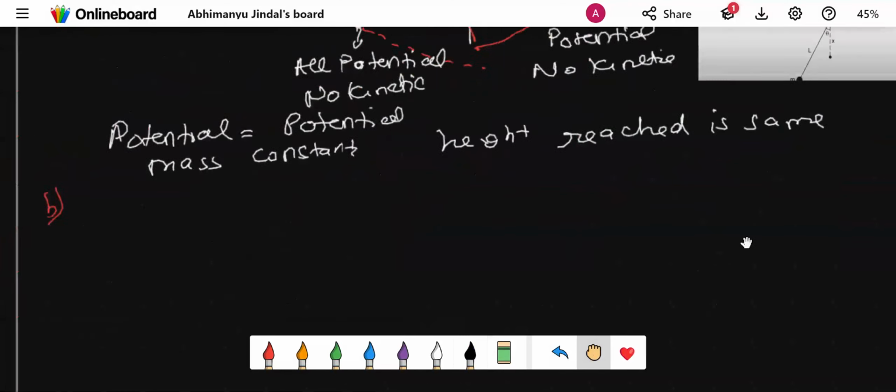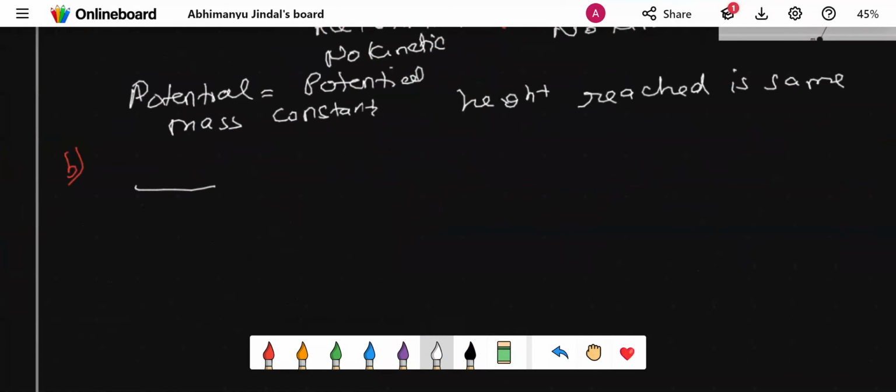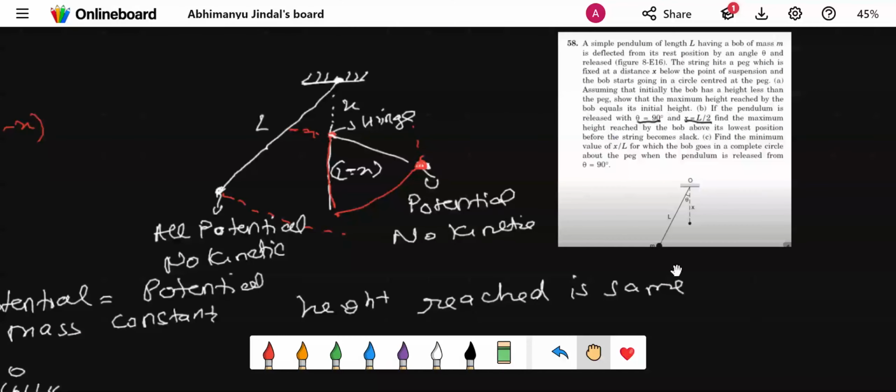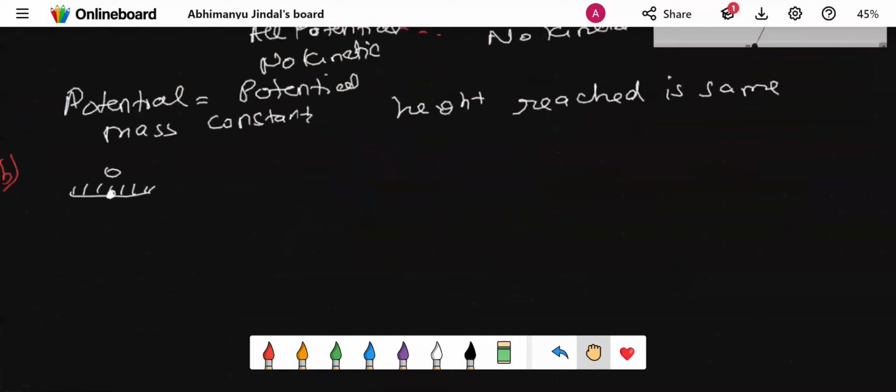So let's say this is our setup. This right here is O. This is L, and this right here is L by 2. So the trajectory is going to look this way. It's going to come like this, and then this thing's going to get stuck here, and then it follows the path.